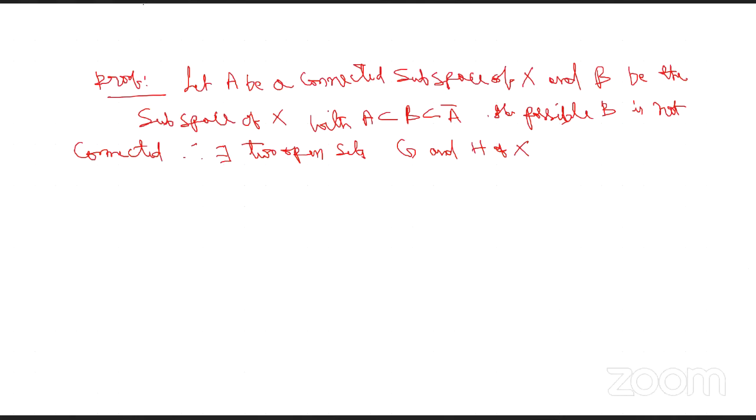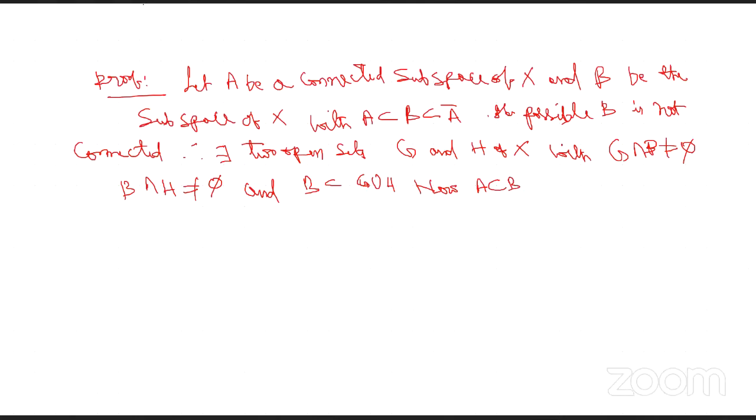With G intersection B not equal to null set, and B intersection H not equal to null set, and B subset of G union H. Now A subset of B. A is connected.